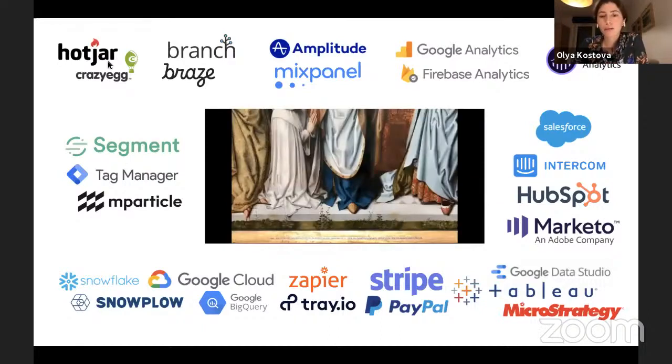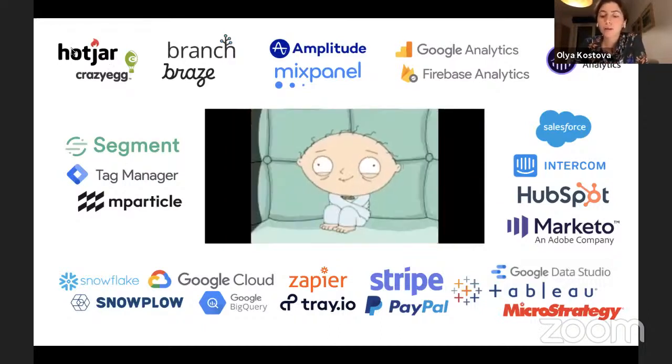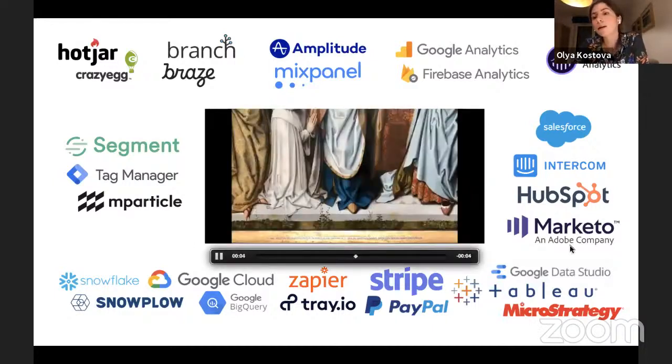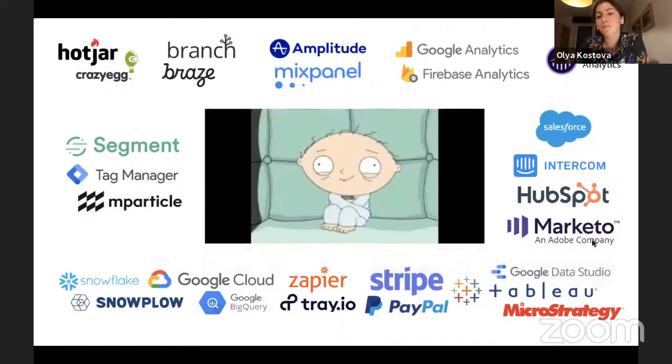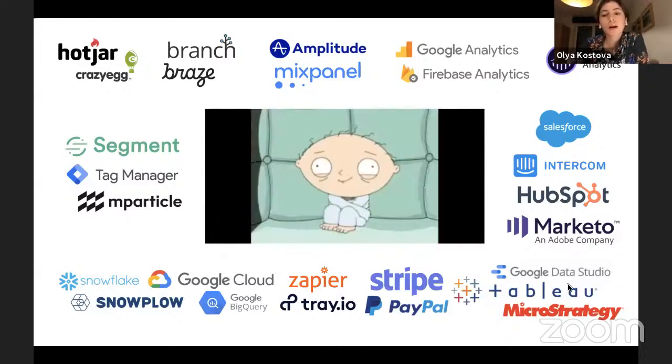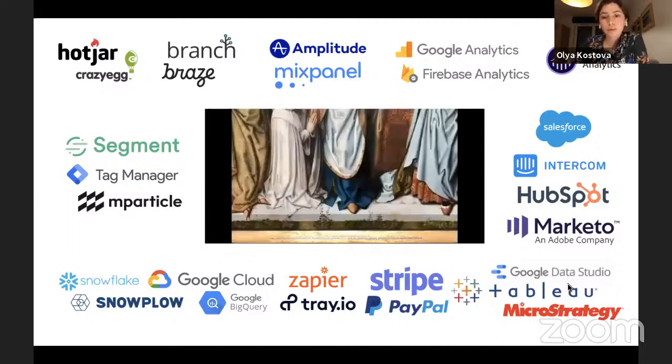There are so many other tools that serve the same purpose. And then you have something for email marketing, which, if it's a big enterprise, is probably something like Marketo or MailChimp, and lots of other tools for data visualization: Tableau, MicroStrategy, Google Data Studio. Payment we already covered.